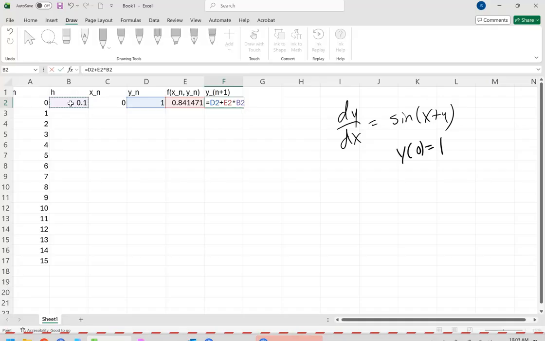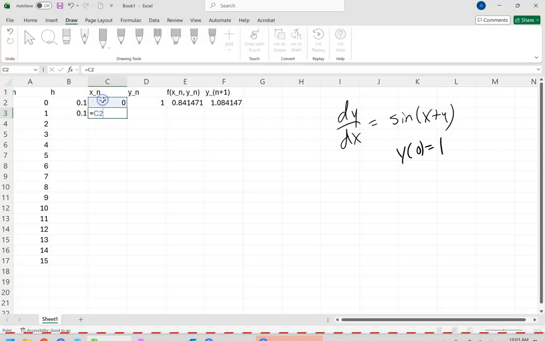Now here, this will be your steps. Oh, sorry, this is easy. Your step size is always the same, but I'm going to say equal to the previous cell, because if I want to change the step size, I can just type in that first cell and it'll copy it all the way down. So I'm just going to say that's equal to the cell right above it. That allows me to change it easily.